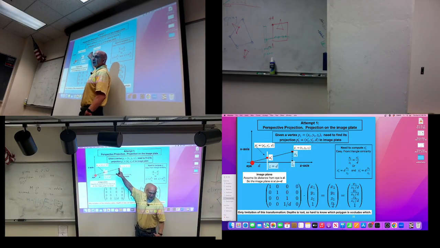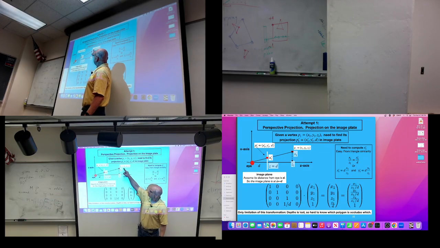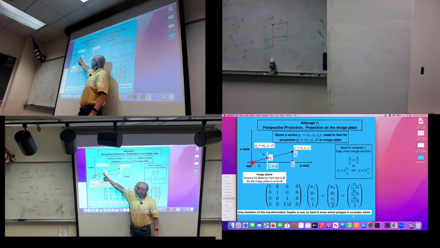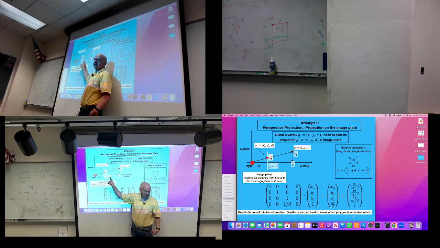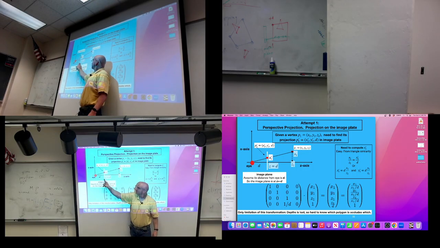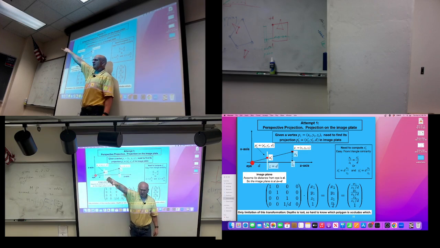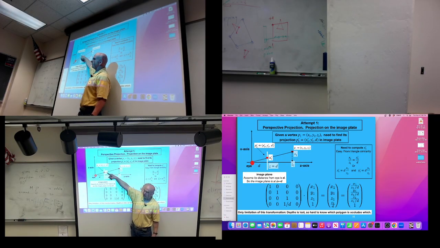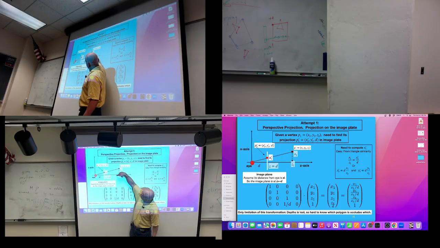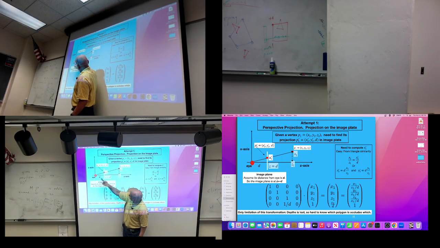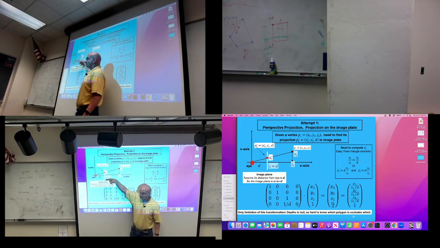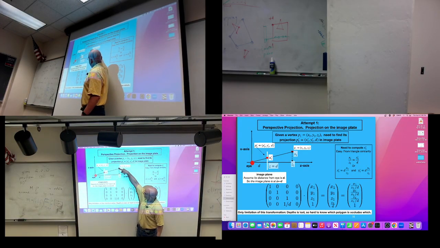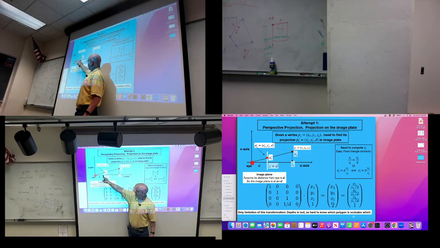So input some point in the world, x, y, z. Output a point on the image plane. I'll tell you the image plane is all in the plane z equal d. All these points have the same z value, which is d. What is x1? y1 goes this way, so computed in the same way. So I'm just playing with x and x prime. What do I know about this triangle versus this triangle? 8th grade, I assume. This angle 90 degrees, this angle 90 degrees.